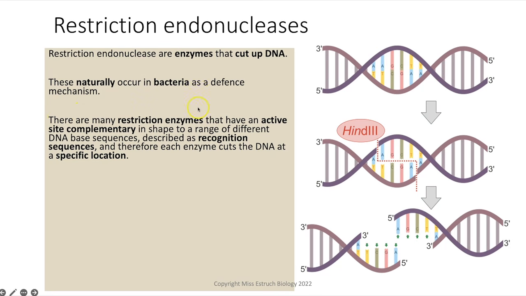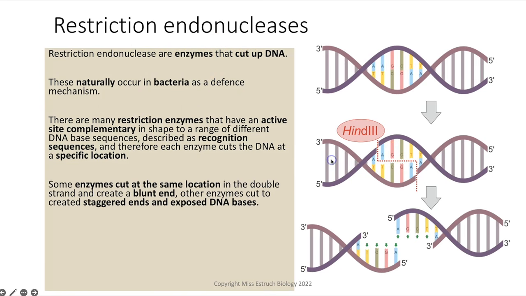It's the part that is going to be complementary in shape to the substrate, which is a particular sequence of DNA bases. And that section of DNA bases is described as the recognition sequence. And in this way, restriction enzymes or endonucleases cut DNA at specific locations.